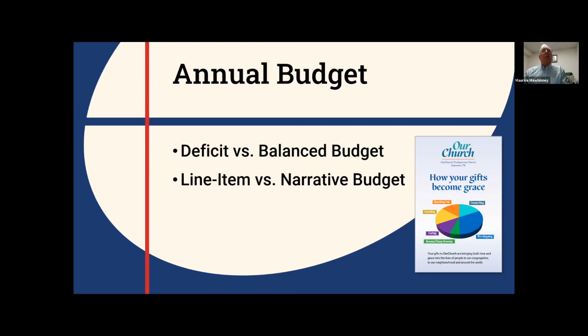I know when we were doing our budgets in the last year, we were very fortunate that when we went through it and we picked up all the grants that were available to us, both from the Presbytery and from the federal government, we ended up with a substantial amount of a surplus on our budget. Now, we had originally started off with a balanced budget. We ended up with surplus.